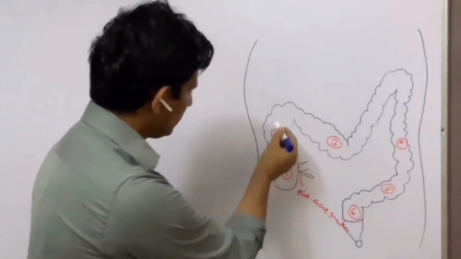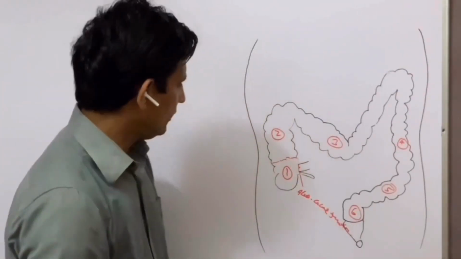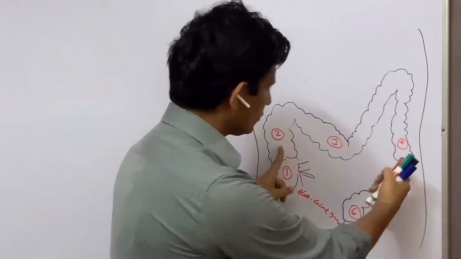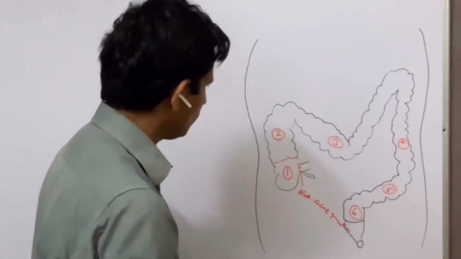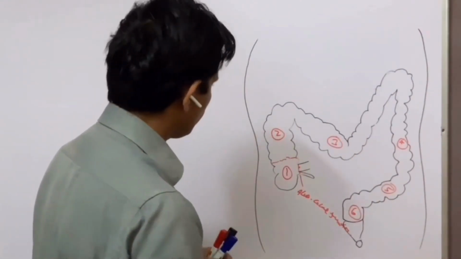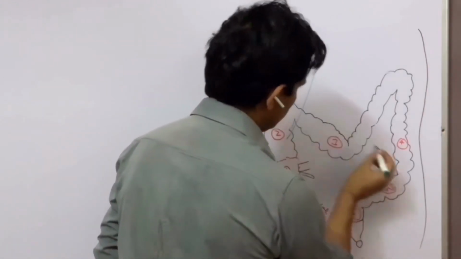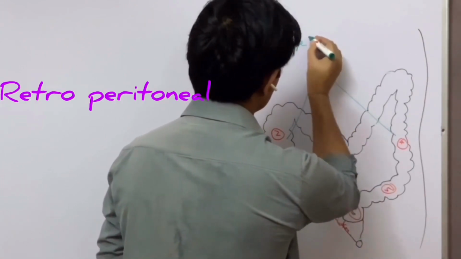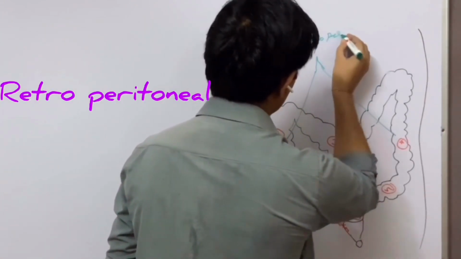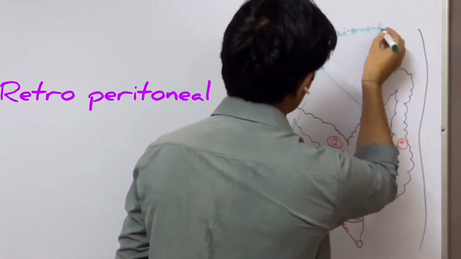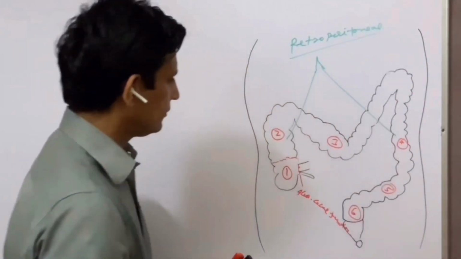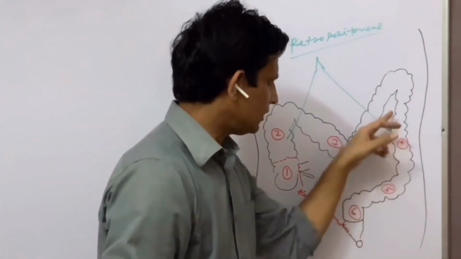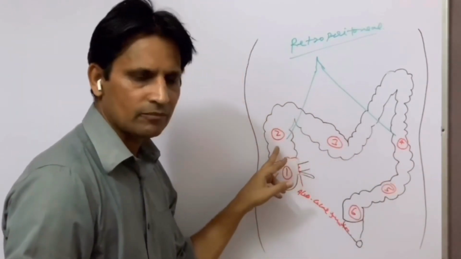This portion, that is the ascending portion, and this portion, that is the descending portion, these both portions are retroperitoneal. And because these are retroperitoneal, it means that on their anterior aspect there would be peritoneum.